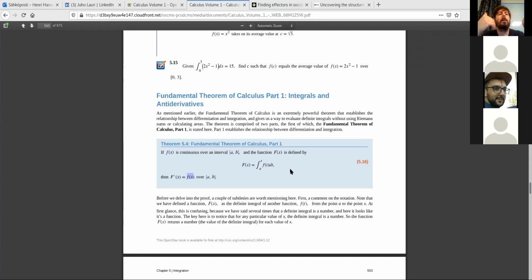That's why I think it's a bit of a shame to think of the integral as the reverse of differentiation. Instead, integration is one thing and differentiation is another thing.